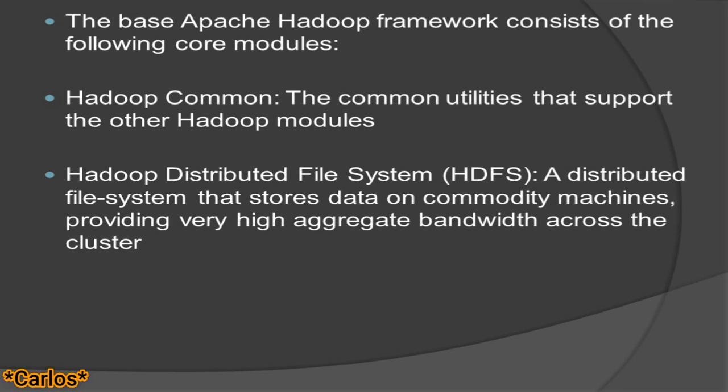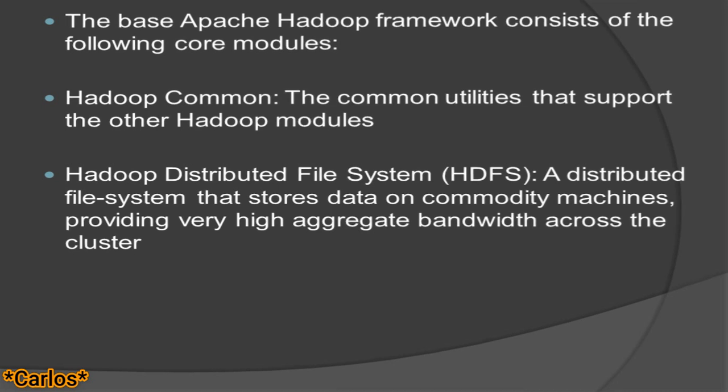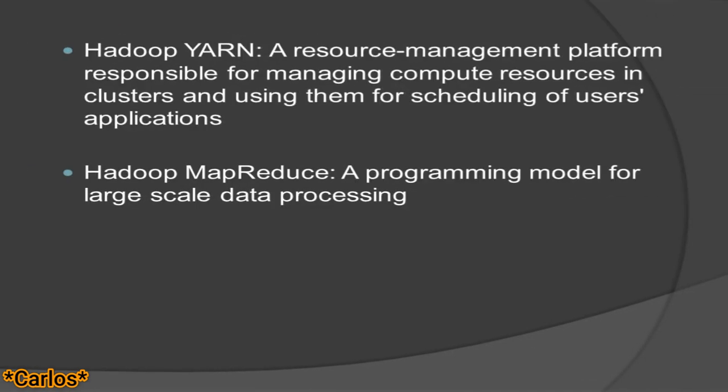The base Apache Hadoop framework consists of the following core modules: Hadoop Common, the common utilities that support the other Hadoop modules; Hadoop Distributed File System, a distributed file system that stores data on commodity machines, providing very high aggregate bandwidth across the cluster; Hadoop YARN, a resource management platform responsible for managing compute resources in clusters and using them for scheduling of user applications; Hadoop MapReduce, a programming model for large-scale data processing.